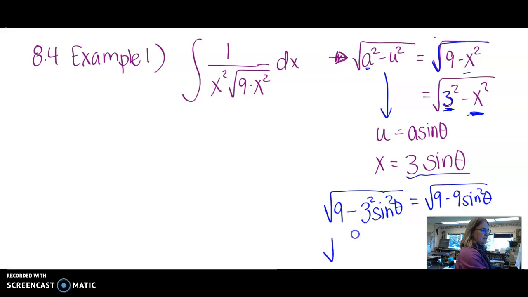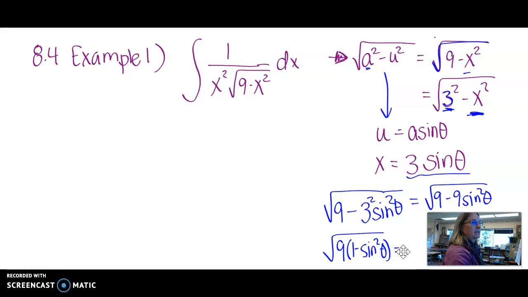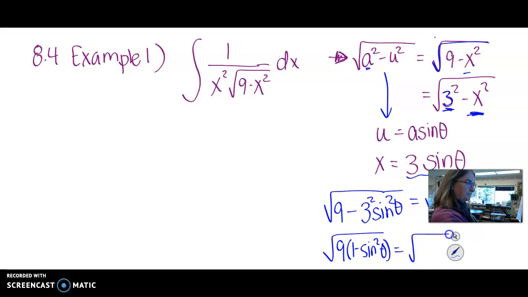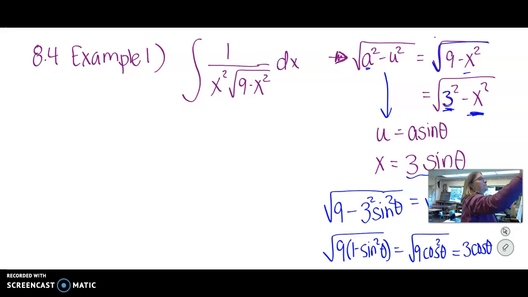Factor out a 9, you get 9 times 1 minus sine squared theta, and 1 minus sine squared theta is identical to cosine squared theta. That's a Pythagorean identity. Taking the square root of 9 and taking the square root of cosine squared, you end up with 3 cosine of theta. So our square root of 3 squared, or 9, minus x squared, we can sub in 3 cosine theta.